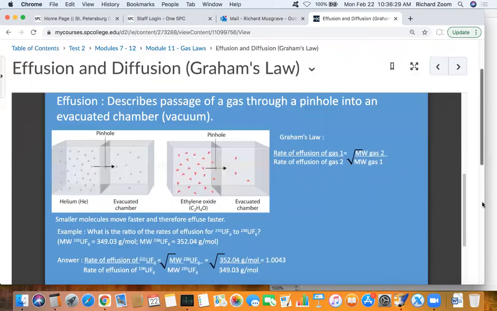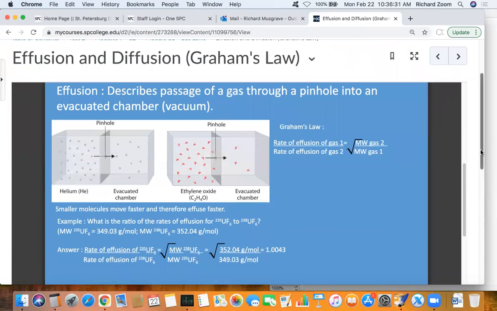Effusion is a little bit different. Effusion is the movement of molecules through a pinhole from one chamber into an evacuated chamber. It's similar to diffusion in that smaller gas molecules will tend to move faster through that pinhole than higher molecular weight gases.